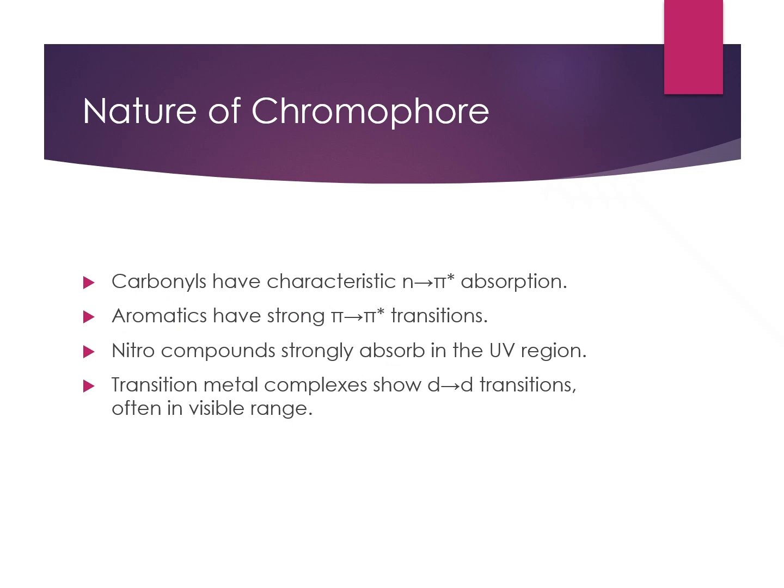Now we will discuss the nature of the chromophore. The chromophore is the part of the molecule responsible for light absorption. Different chromophores absorb at different ranges, like carbonyls, which have characteristic n to pi star absorption. Aromatics have strong pi to pi star transitions.